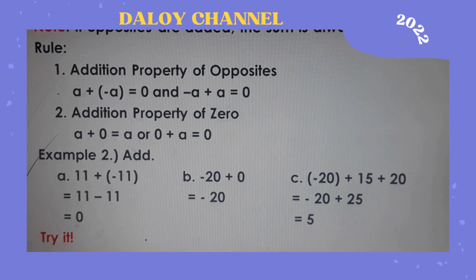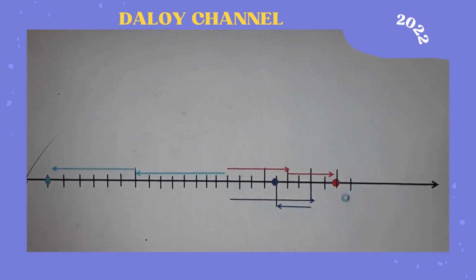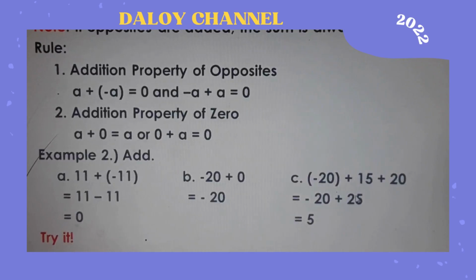Stand corrected here. We'll correct that to 35. By the way, we will correct that later. That's 35, negative 20 plus 35.